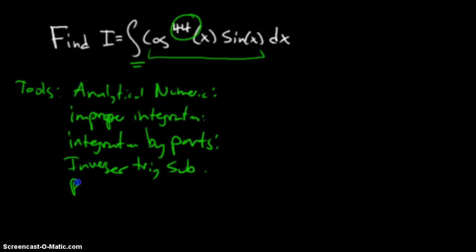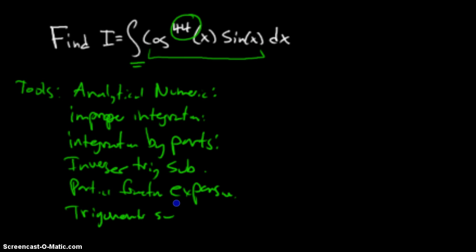So that leaves us with partial fraction expansion and just good old trigonometric substitution. With partial fraction expansion, it requires a rational expression, and under the integral we're given a trigonometric function, so partial fraction expansion would not really work in this case.